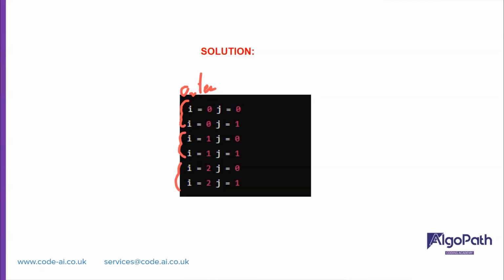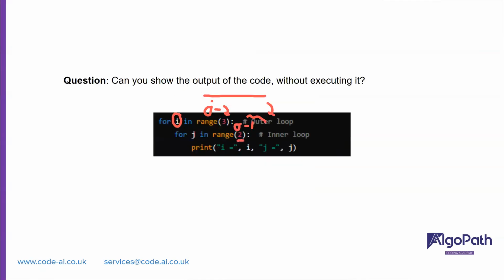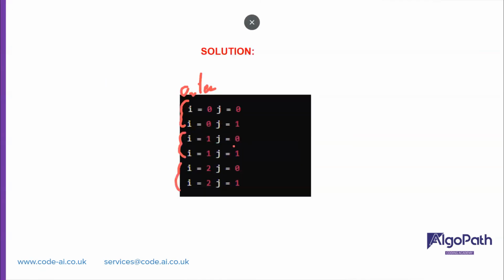And that would run 3 times if we change this number here to 3. We can see the actual numbers changing as the J changes from 0 to 1, 0 to 1, 0 to 1. And that's run twice. So therefore the outer loop will remain in that position for 2 iterations.